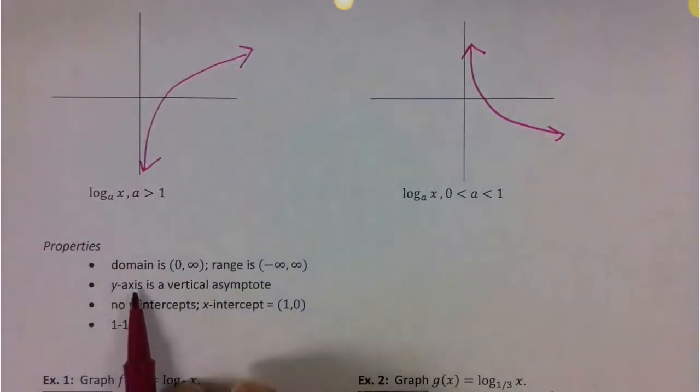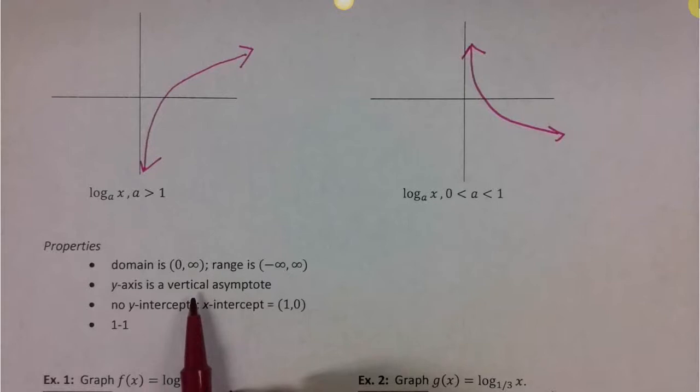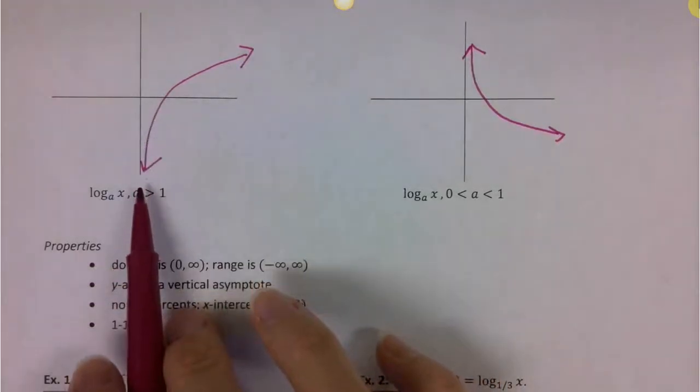Just as the x-axis was a horizontal asymptote for our exponential functions, the y-axis is a vertical asymptote for the log functions, because as we're going down, we're getting closer and closer to that y-axis, but we never actually touch it or cross it.